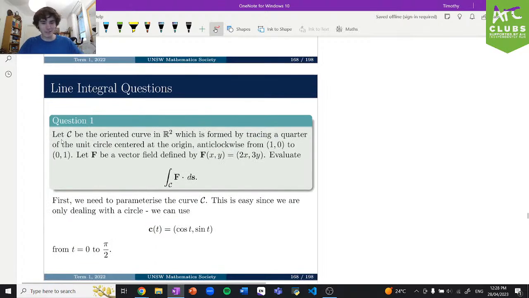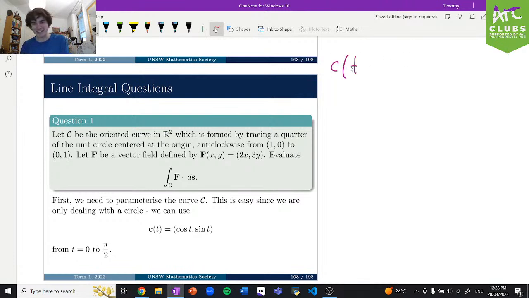So the first thing we need to do is actually parameterize the curve. Like I said beforehand, most of the time we're either going to be dealing with a straight line or a circle. Here we're dealing with a circle, and note that it's in 2 dimensions rather than 3, so all we have to do is our normal circular coordinates.